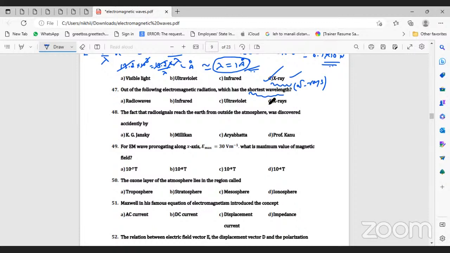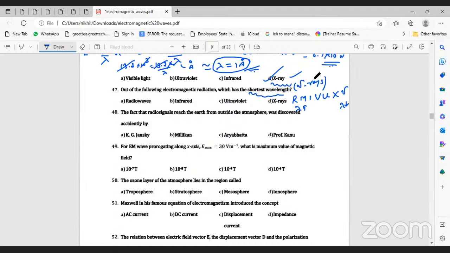That means they are expecting the shortest wavelength among these four. You know the order: radio waves, microwaves, infrared, visible, UV, X-ray, gamma ray. So this wavelength is more, this wavelength is less.